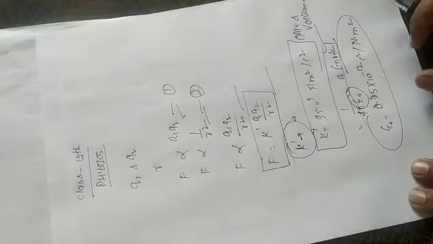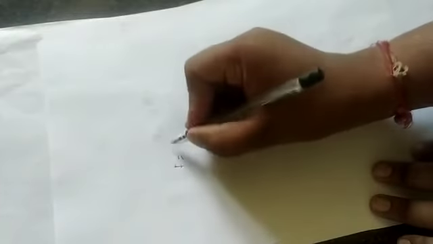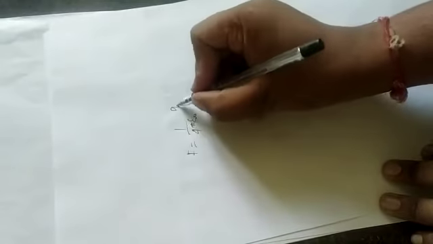As I told you, epsilon naught is the permittivity of free space or vacuum. So you have to conclude about Coulomb's law that F equal to 1 upon 4 pi epsilon naught Q1 Q2 upon R square.